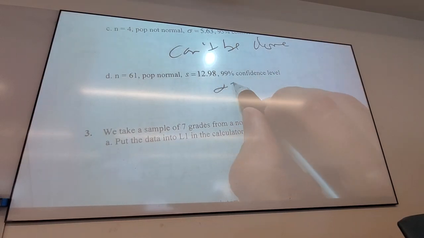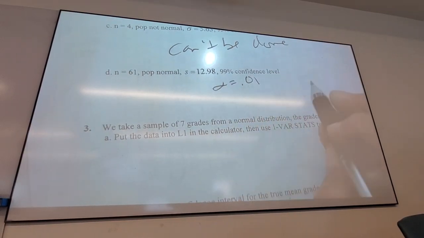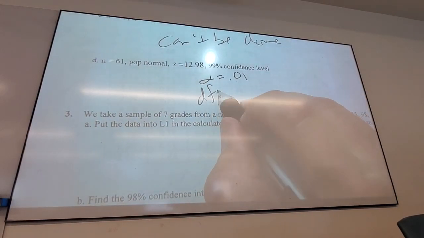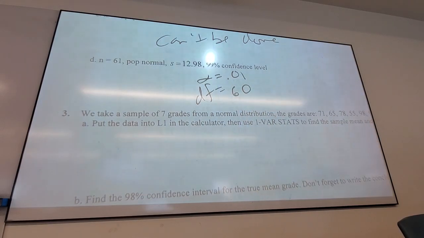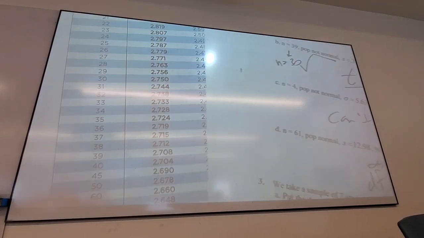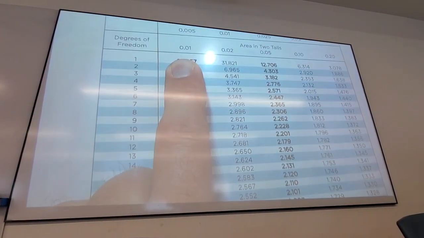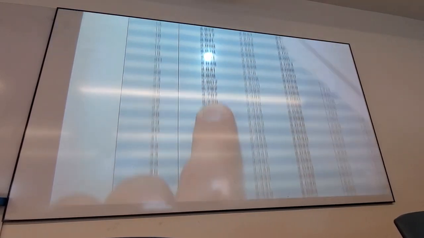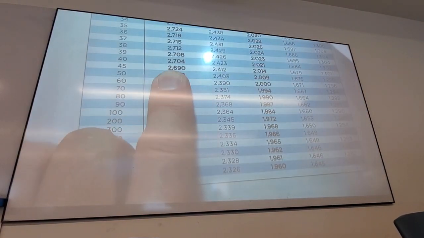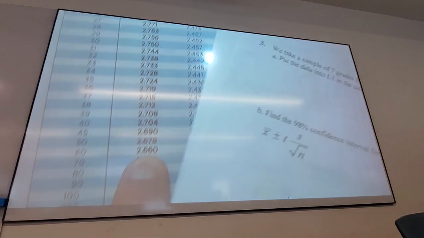So we got alpha is 0.01. Degrees of freedom is 60. 0.01 is the first column, and I just stop at 60. So I get 2.66.